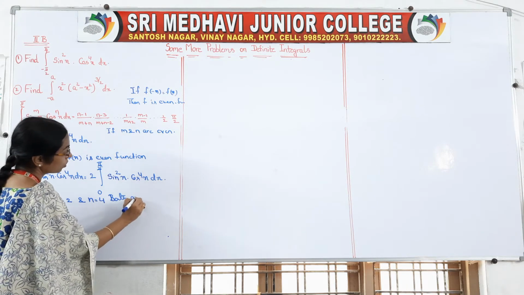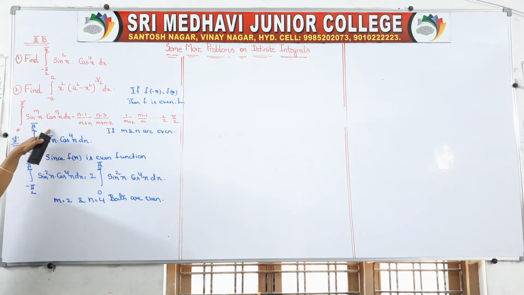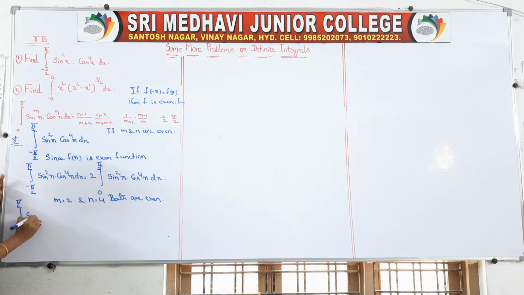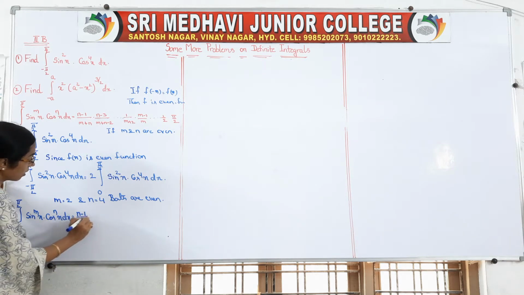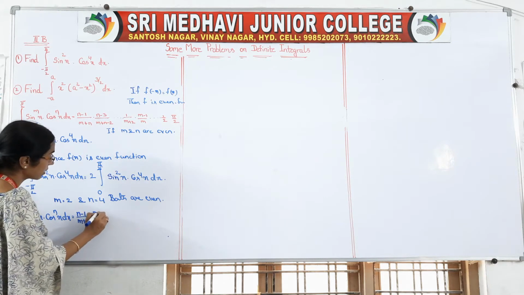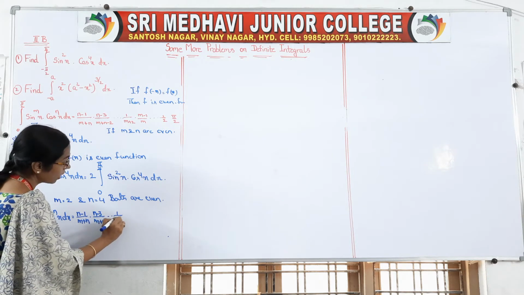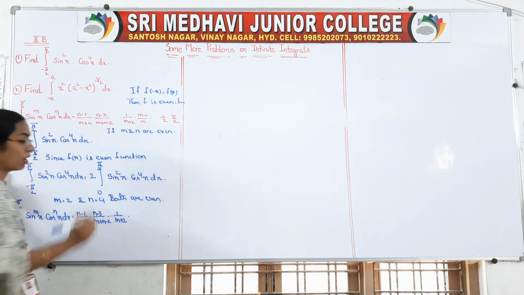Whenever both are even, this is our formula: the integral from 0 to pi by 2 of sin to the power of m x into cos to the power of n x dx is equal to (n minus 1) by (m plus n), next (n minus 3) by (m plus n minus 2), till 1 by (m plus 2) we have to take.